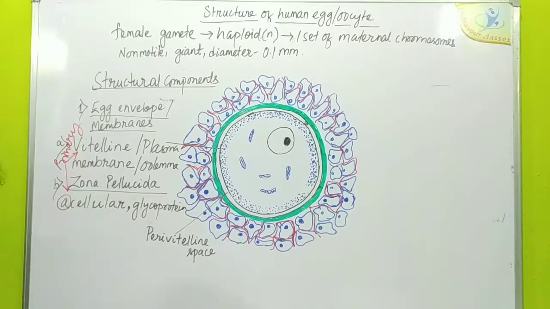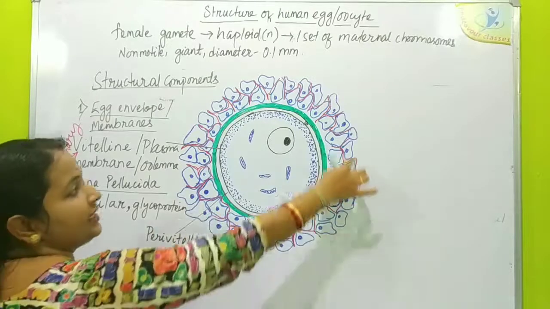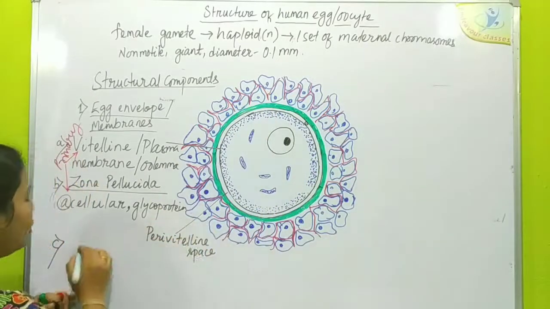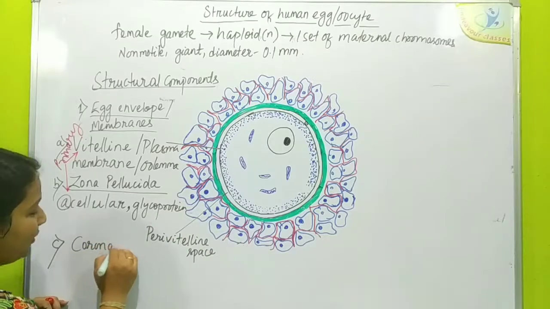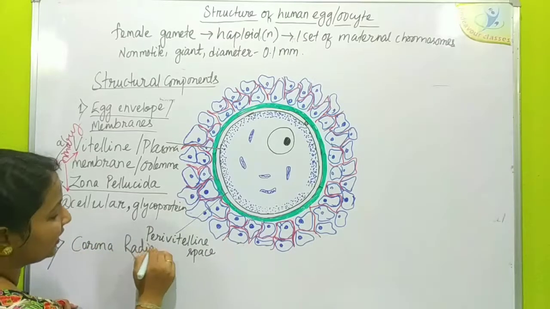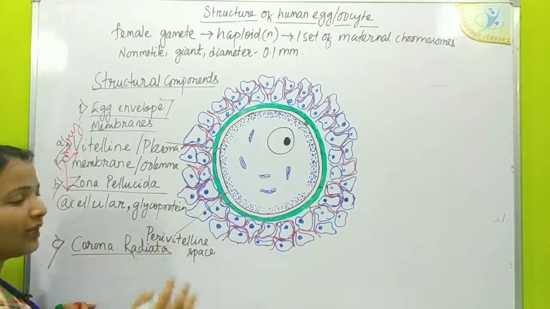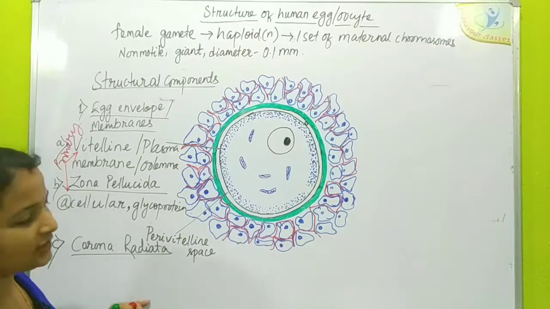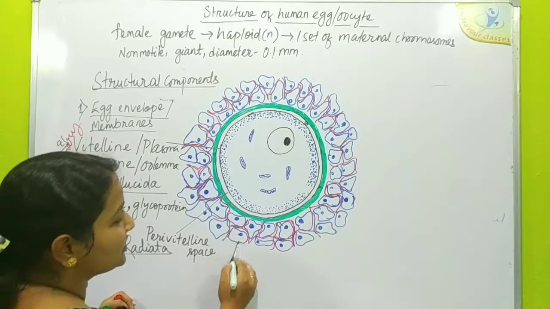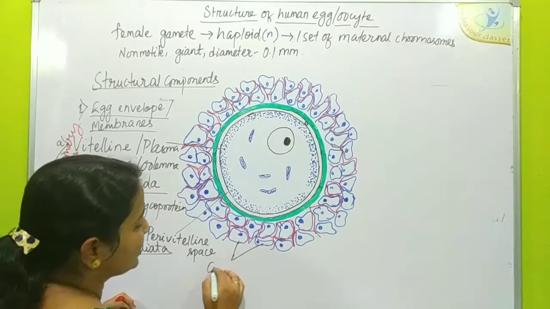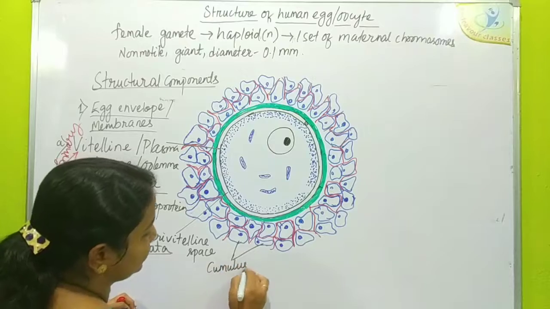Then moving to the third layer, that is the cellular layer. You can see here, this is the corona radiata layer, which is formed by the corona radiata cells or cumulus cells or granulosa cells.